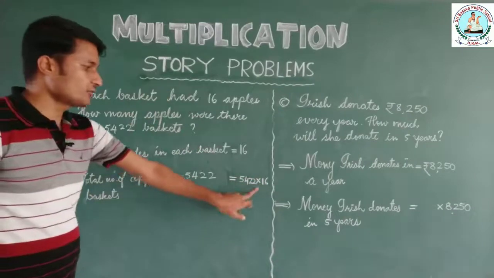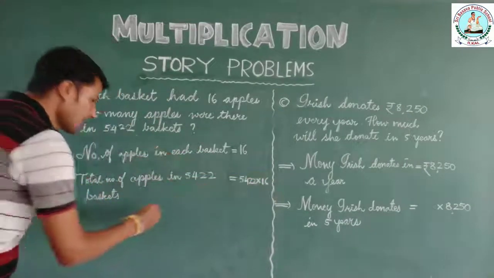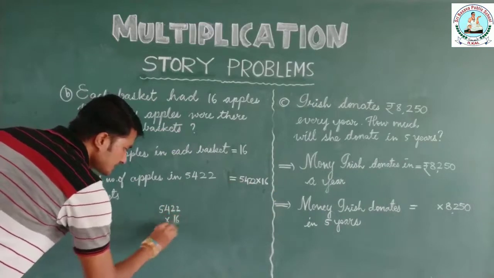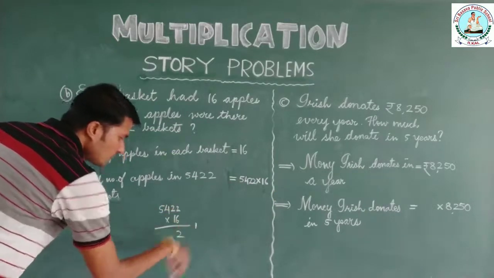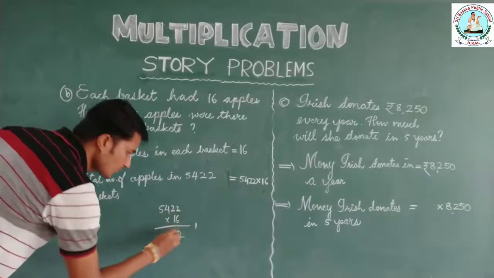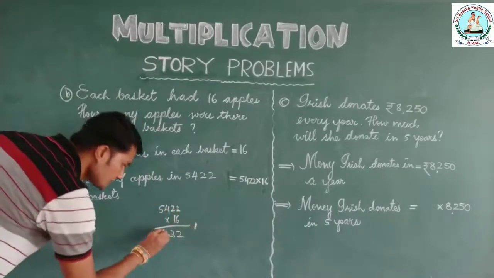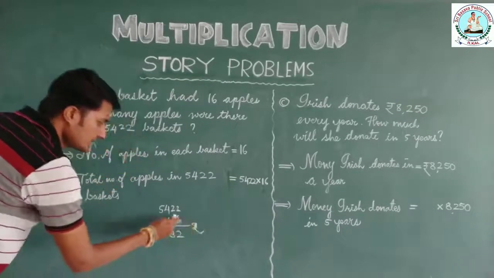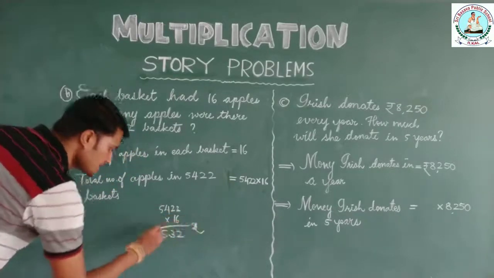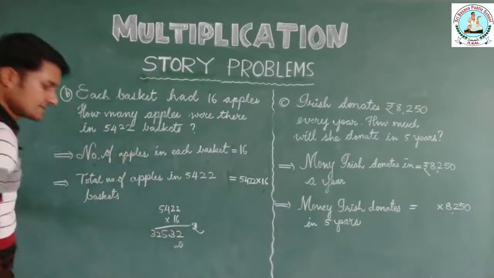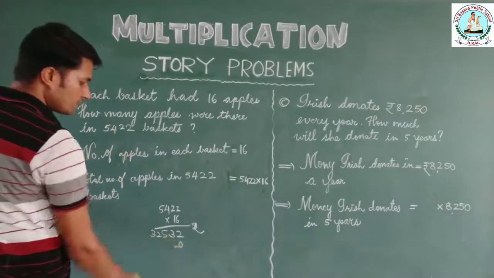So 5422 times 16. So let us multiply this separately. It is 5422 and it is 16. So 6 2s are 12, 1 carry, 6 2s are 12 plus 1 is 13, again 1 carry, 6 4s are 24 plus 1 is 25, 2 carry, then 6 5s are 30, 30 plus 2, it is 32. So let's skip a place before multiplying with another number, right?